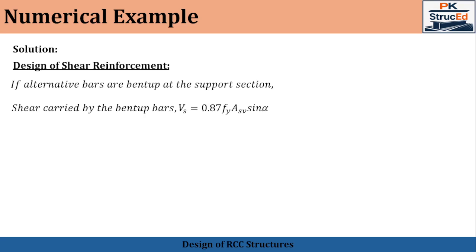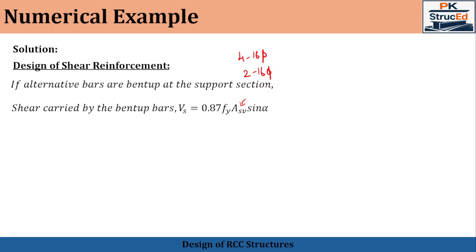The shear carried by the bent up bars will be calculated using the relation Vs equal to 0.87 fy Asv sine alpha, in which Asv represents the area of the bars that are going to be bent up. Let me assume I'm going to bend 2 numbers of 16 dia. We provided 4 numbers of 16, out of which 2 will be bent up near the support to bring them to the top portion.